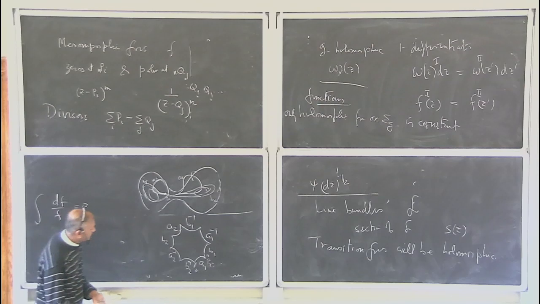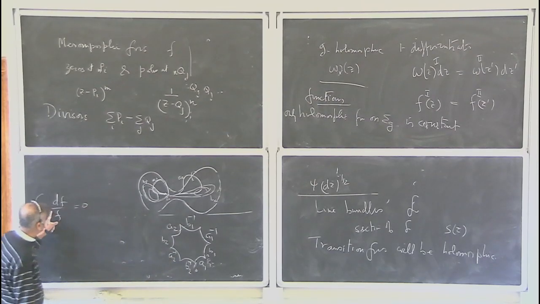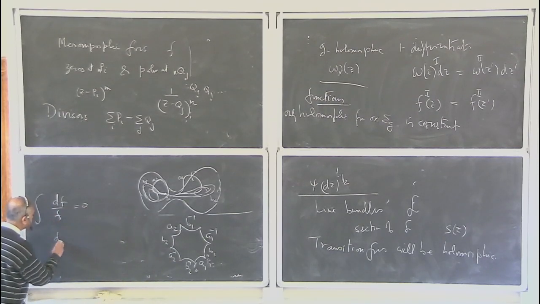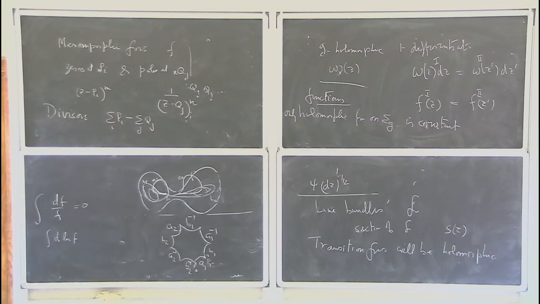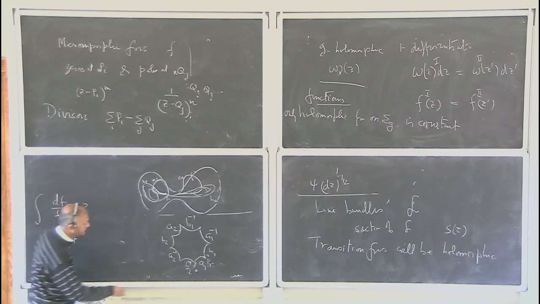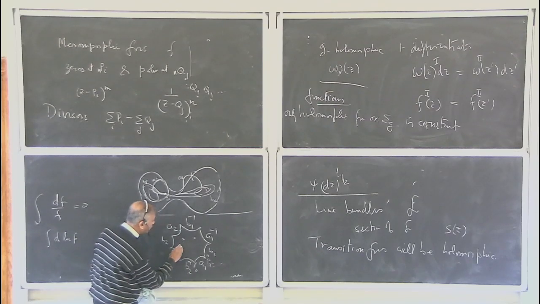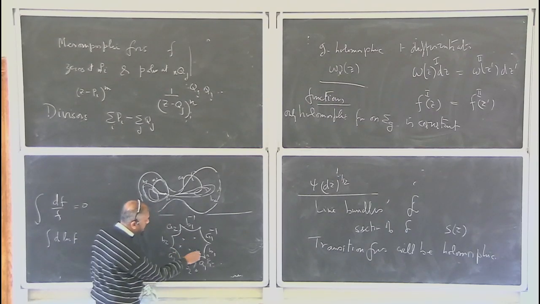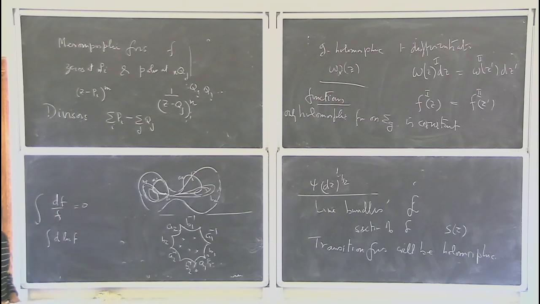On the other hand, what is this computing? This is nothing else but d log f. Now look at the interior. In the interior there can be various zeros and poles of this function. But when you take d log f, every zero will come with a plus sign, and you just get the residues.